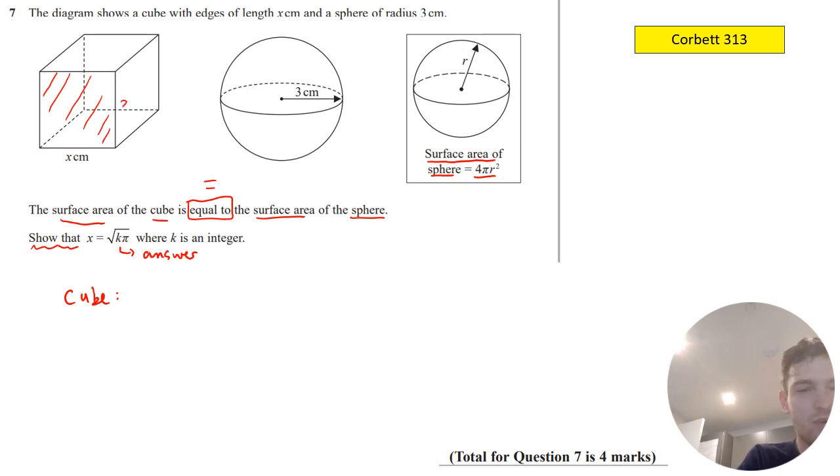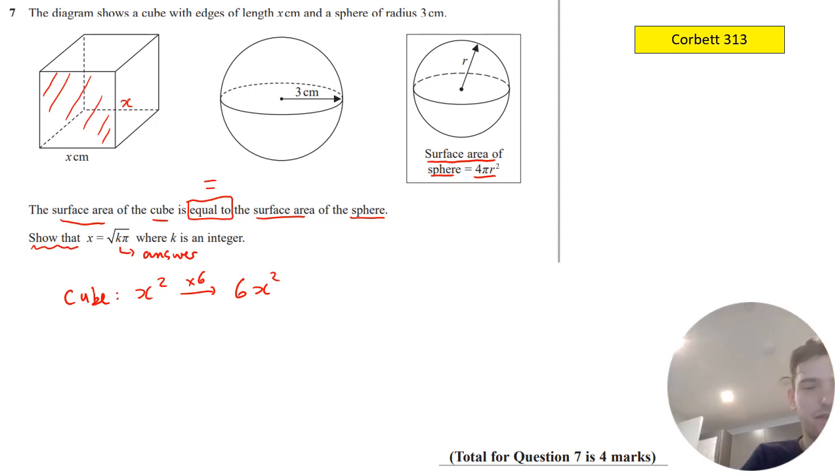This is a square of side length x, so the area of one face is x times x, which is x squared. But how many faces does a cube have? It's got 6 identical faces. So times that by 6, and I get 6x squared. So that's the surface area of a cube.